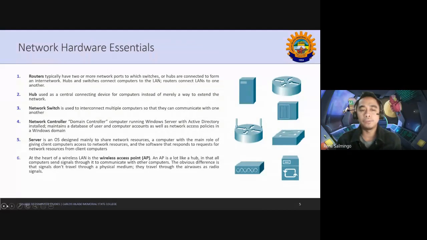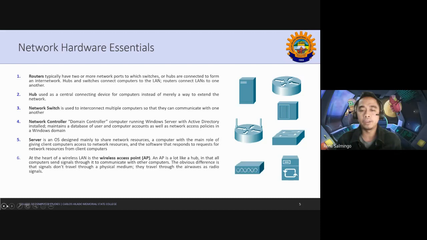The fifth is the server. It is an operating system designed mainly to share network resources. It is a computer with the main role of giving client computers access to network resources, and software that responds to requests for network resources from client computers. And the last is the heart of the wireless local area network, the wireless access point.